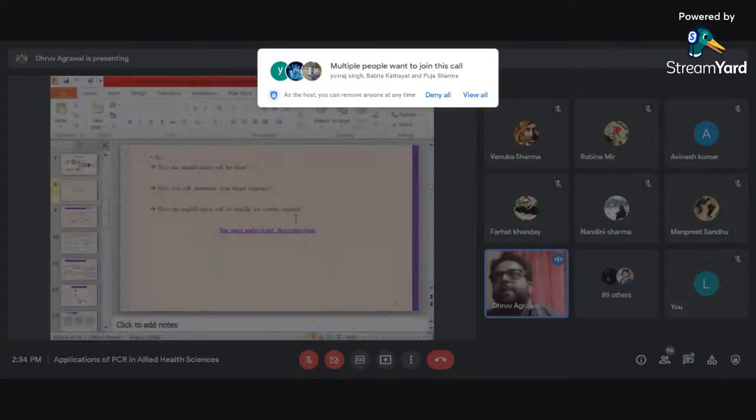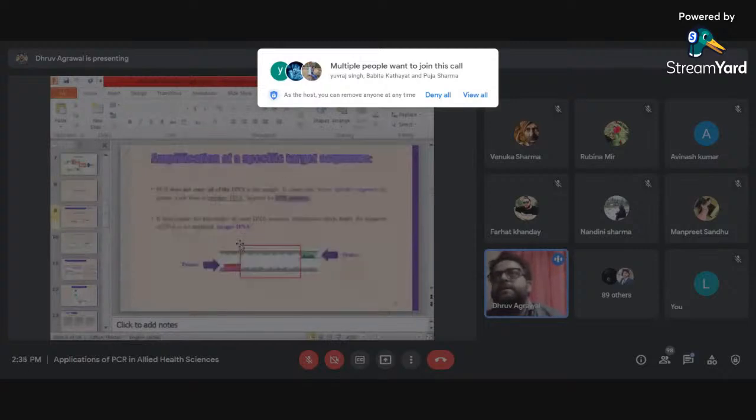So for the amplification of a specific target sequence, what you need is, first of all, have you ever gone for a photocopy? Whatever you give to the Xerox machine is actually a template of which you want multiple copies. So that specific DNA sequence you must know, and that specific DNA you must have with you, from which you want to amplify a specific gene.